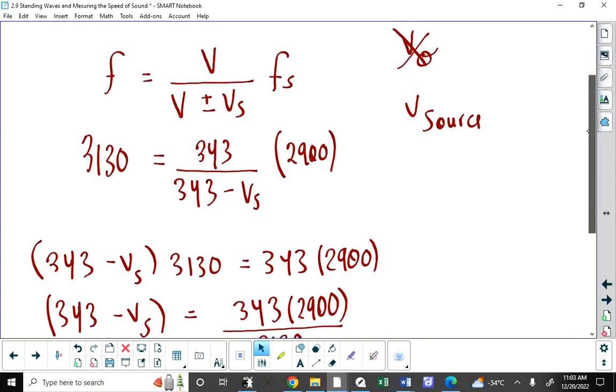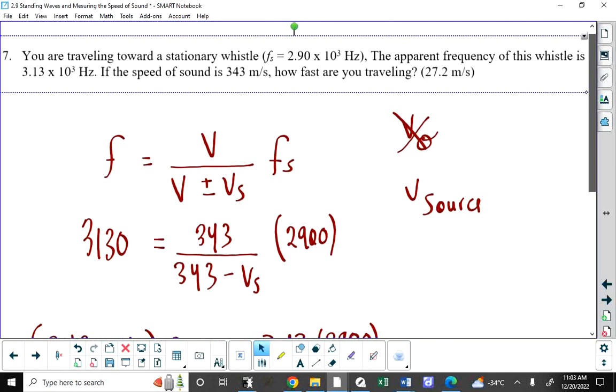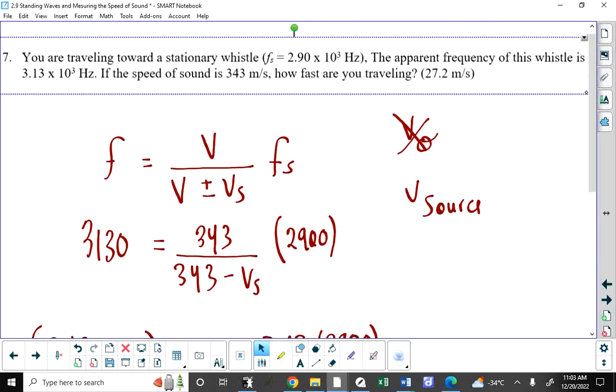I'm getting about 25 meters per second. I don't know why all of my answers are off slightly. That's really weird. Yeah, I don't think I've done anything wrong there.